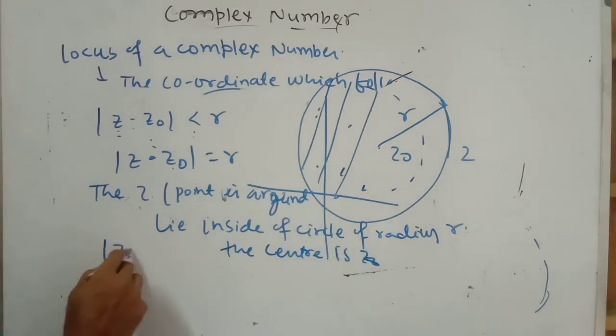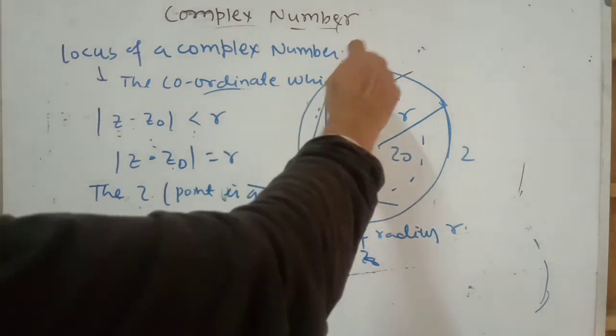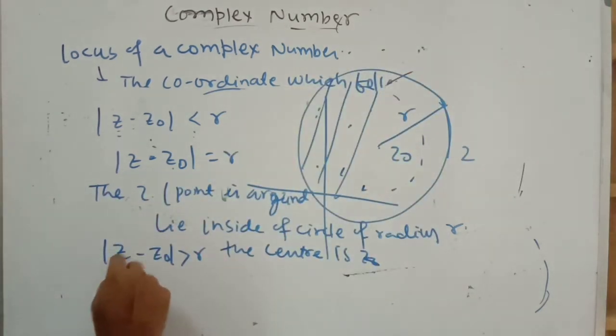Similarly, you can find the location of z when the modulus of z minus z₀ is greater than r. In that case z lies outside of the circle.